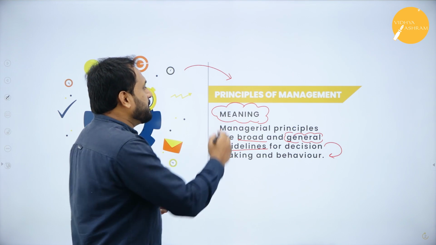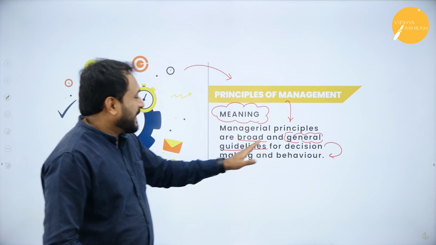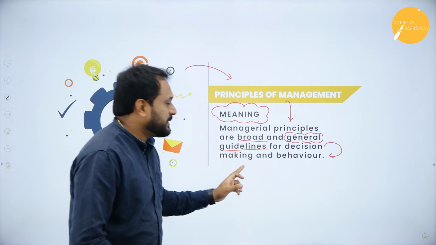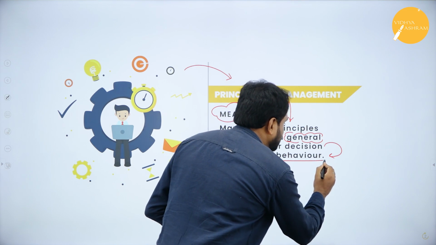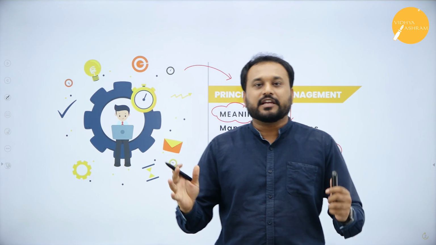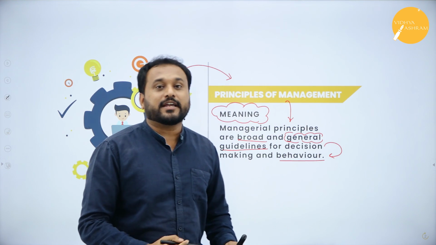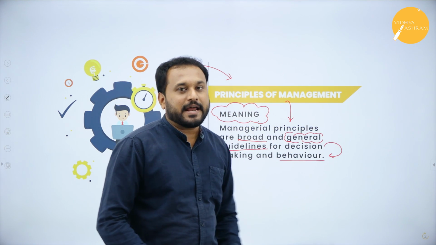That is why the principles of management means a set of general guidelines, used for decision making and behavior. Once your behavior is set, everything comes to the place where exactly you want it to be. That is what is called principles of management.